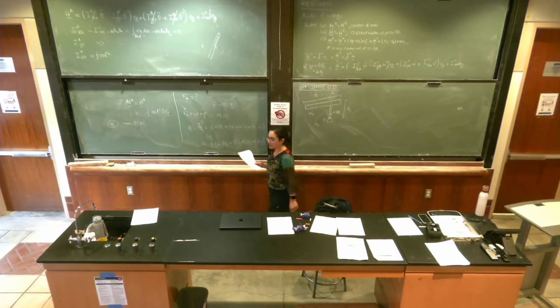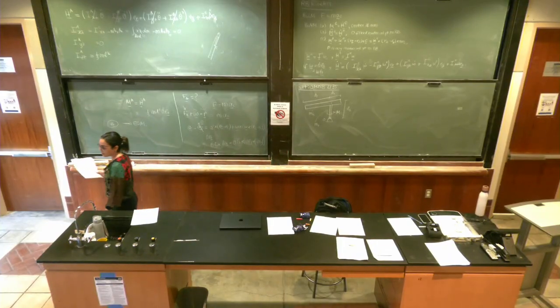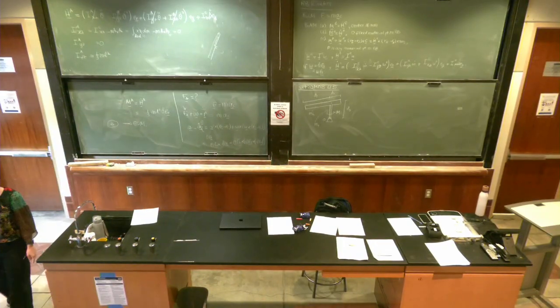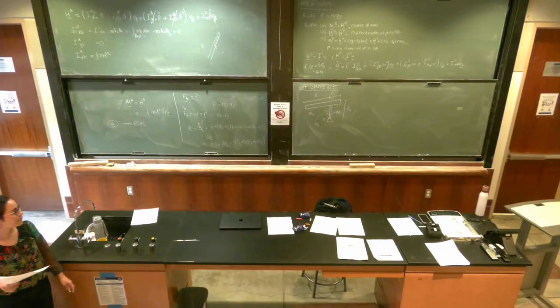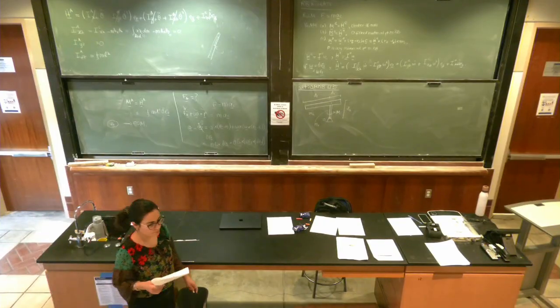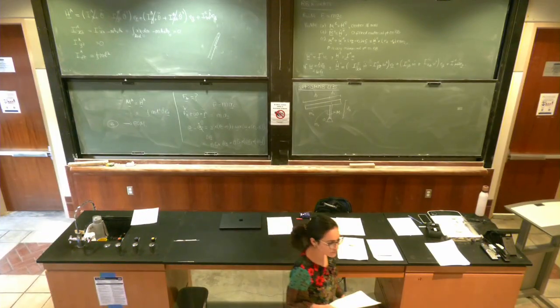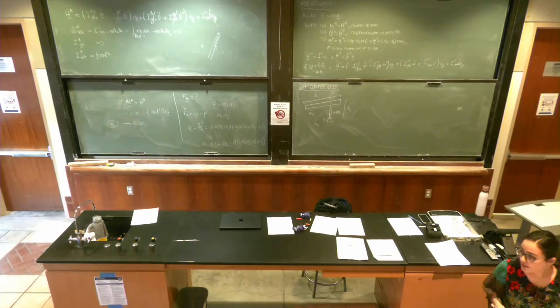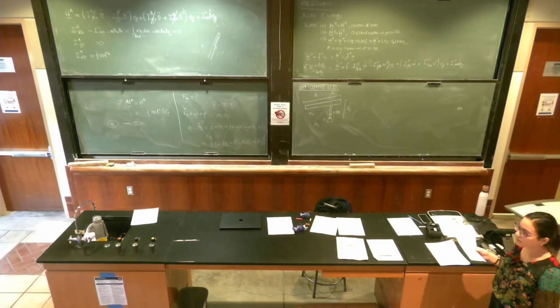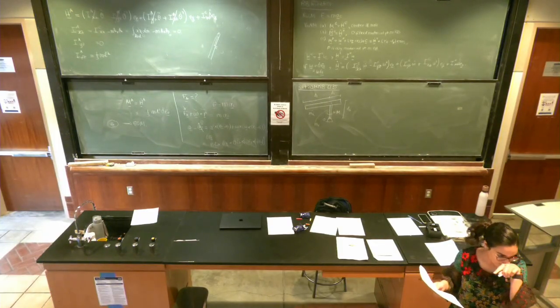I'll read the problem in a bit, but we're going to change it and then we'll solve it. Like the mass of the horizontal bar and the mass of the vertical bar. Okay?